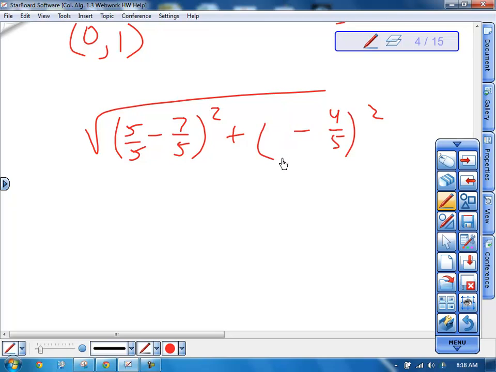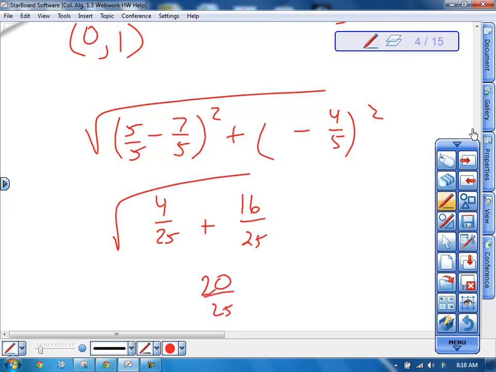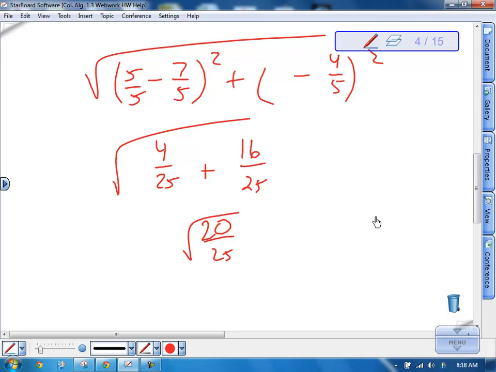This is obviously just going to be -4/5. So this is -2 over 5. When you square it, you get 4 over 25. Plus, and when you square this one, you get 16 over 25. And that's all square rooted, so that's 20 over 25. The square root of 20 over 25 is the distance between the 2 points.